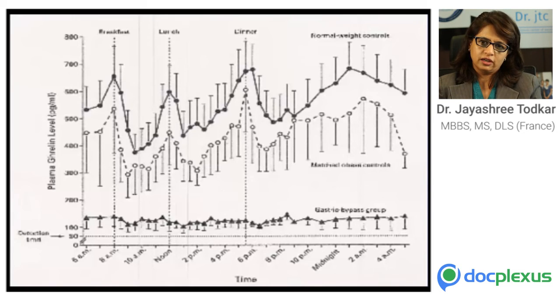There is enough data to tell us about the outcomes of these operations and how it modifies one's hunger, how it makes it normal or how it makes it adequate. Many times people have a fear that we may not be able to eat after these operations, but it is not right.